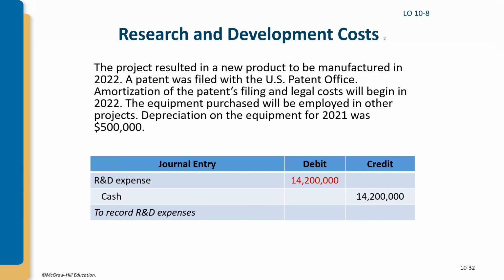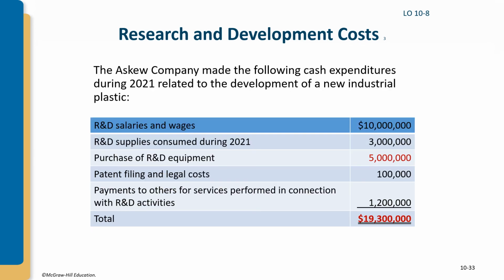So I can't flip back to that prior slide, but included in these costs are $500,000 of depreciation. Here's the same example again, new slide, but same items.